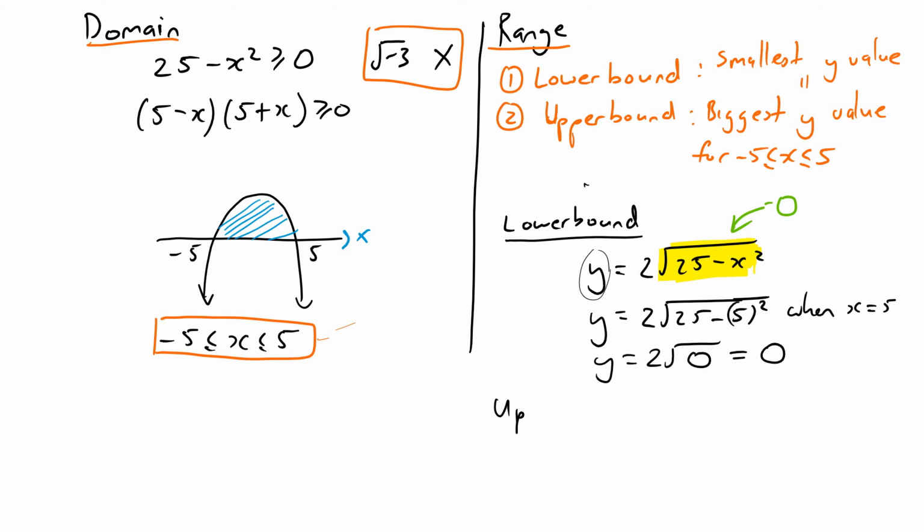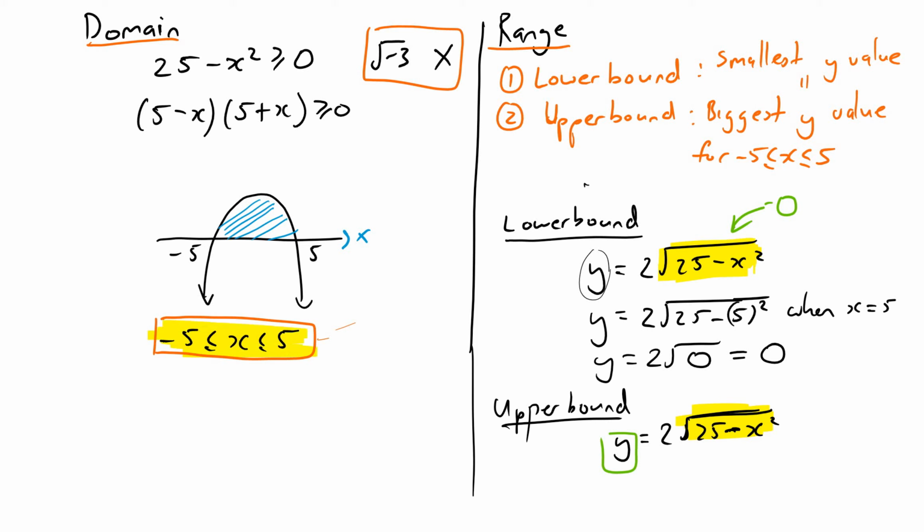Now, for the upper bound. The upper bound is calculated again by the function. Because in this expression, again, most of the action is happening here. Now, for what value of x should I take away from 25 to make this y value the biggest that it can ever be? Having again a look at the domain, we can only put values between -5 and 5.